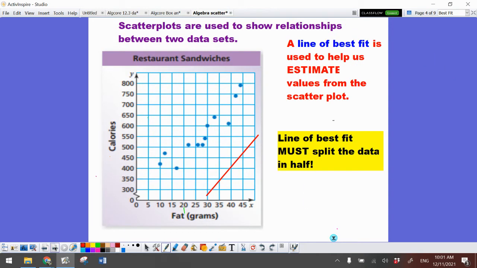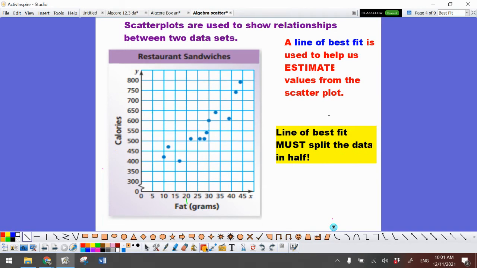All right, so again, we've got our scatter plot. And I'm going to go ahead and draw in my line of best fit. We have talked a little bit about how to do that. But again, it has to split the data. So if I was to draw a line that was here, that does not split my data.